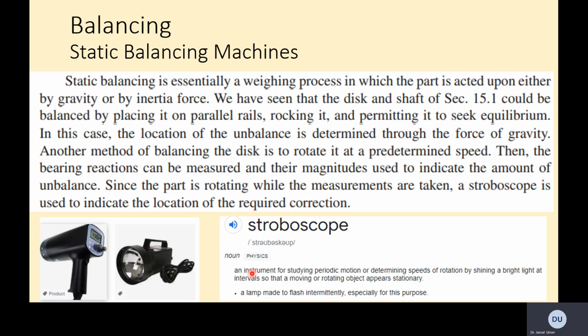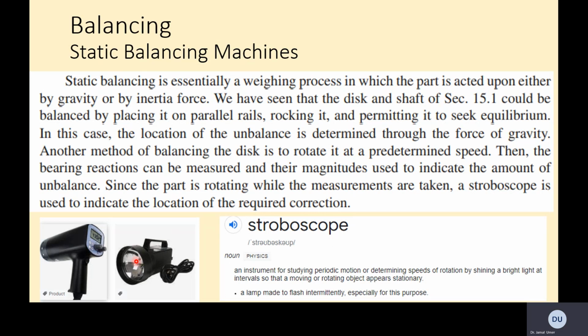From Google: it is an instrument for studying periodic motion or determining speed of rotation by shining a bright light at intervals so that the moving or rotating object appears stationary. This light is a special kind of light which flashes at the same speed as the part is moving.